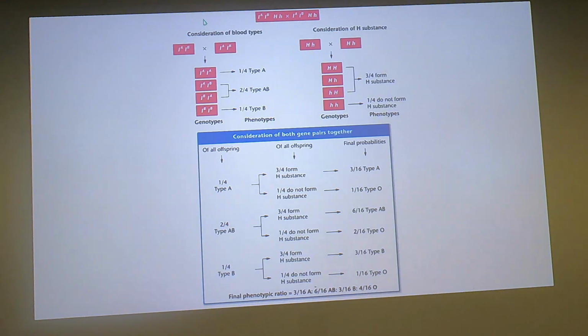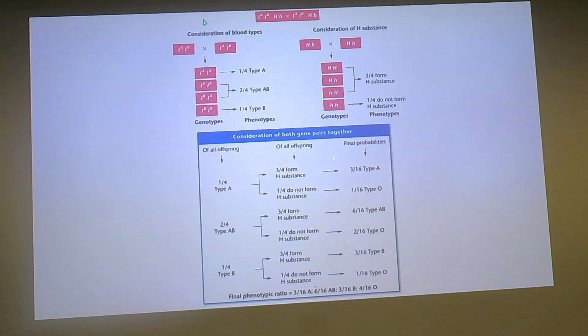Now, when we sit down, we're just going to multiply those all together. So here you see we got the blood types over here. 1/4 type A, 1/2 type AB, 1/4 type B. And then 3/4 of those are going to form the H substance, and they will express that genotype.